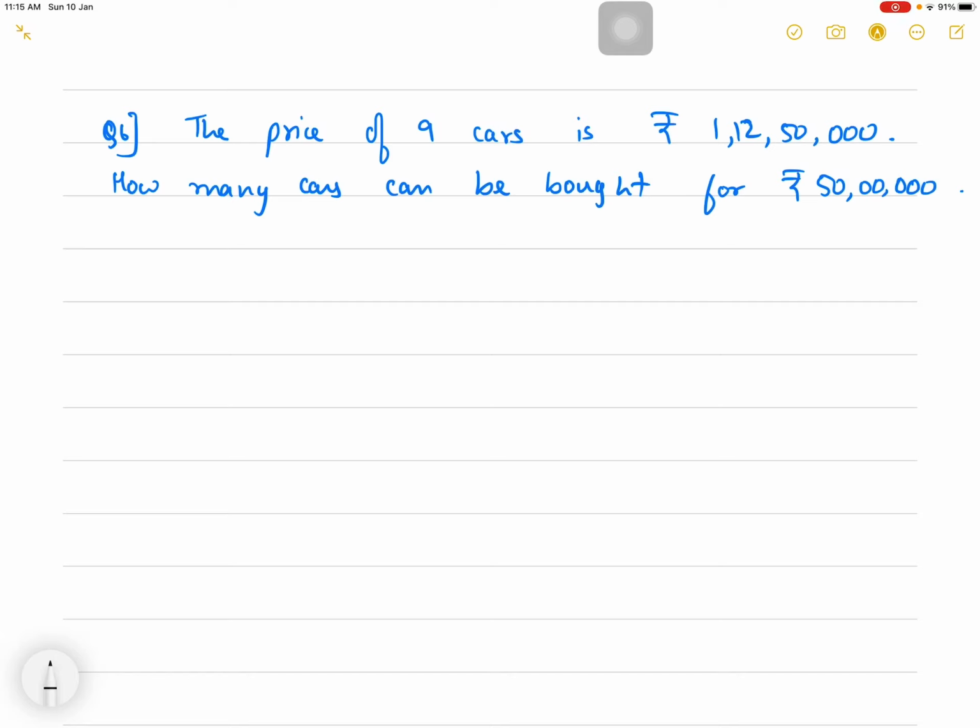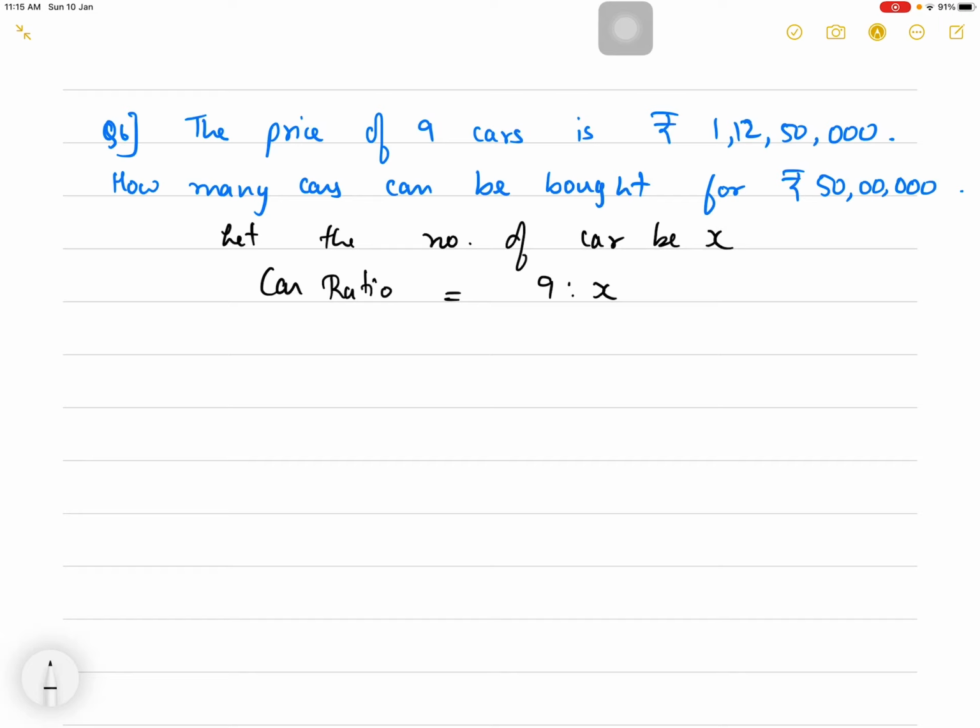Again, this is a direct proportion problem, because if the cost goes down, the number of cars also will go down, right? So let the number of cars be x. Car ratio is 9:x.